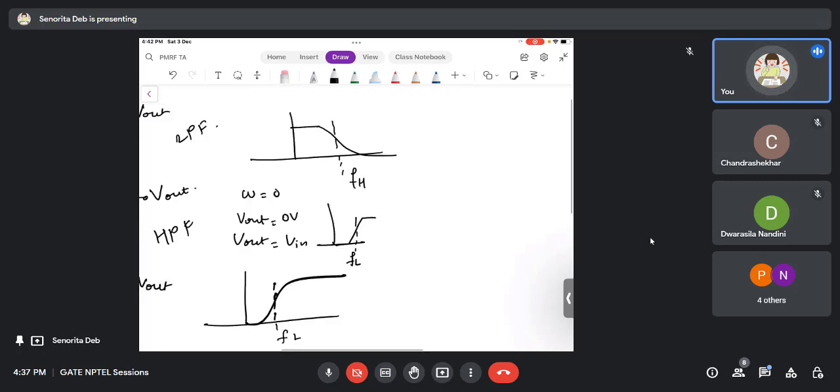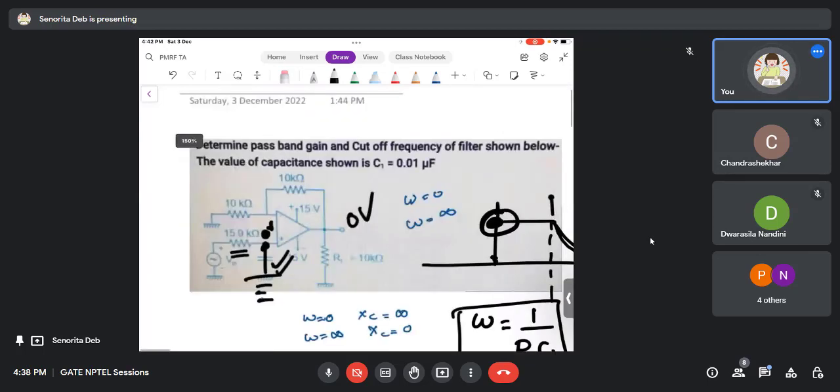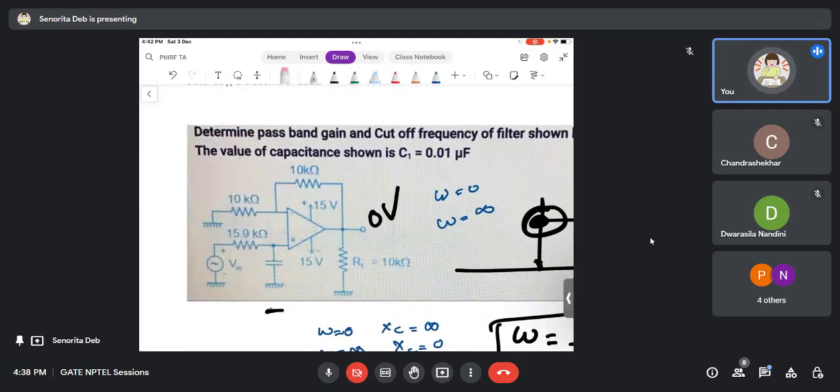And therefore, in a band pass filter, what you see is something like this: FL, FH. Okay. So if you see in this op-amp question, this is nothing but an R and C.